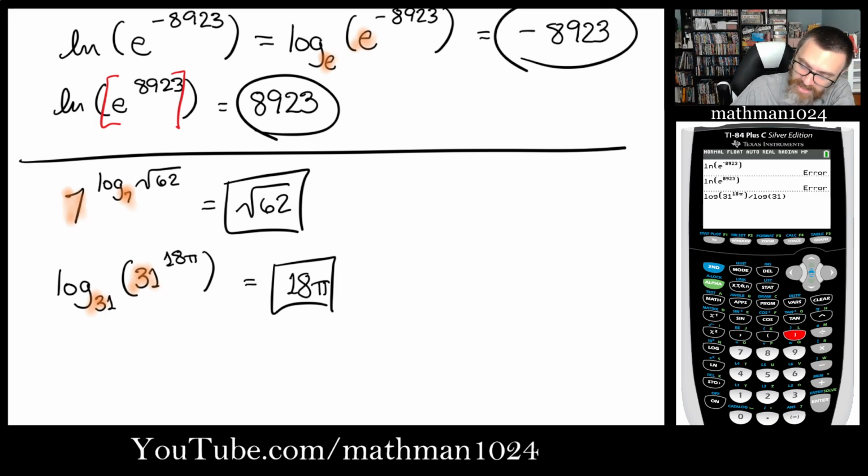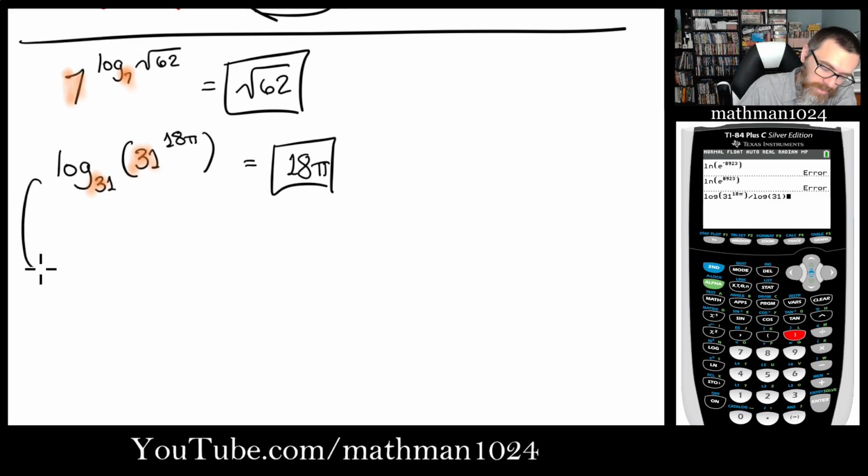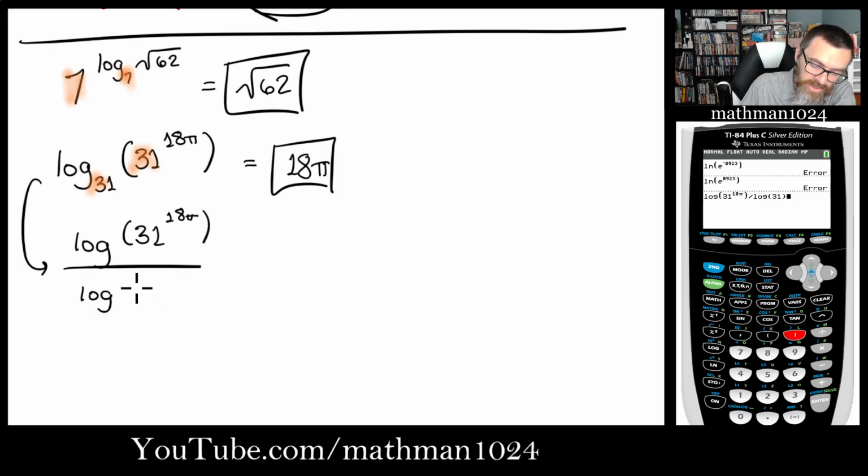So again, that's an application of the change of base theorem, which says if you apply the same log to both the expression inside for the numerator part and for the base, that's going to be the same thing. Let's hit enter and see what it tells me.